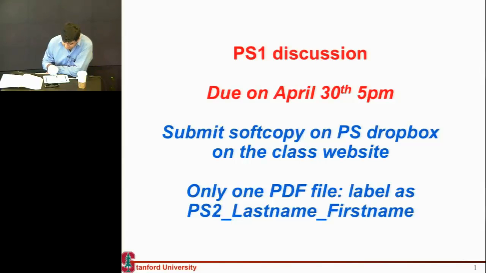The problem set is due on April 30th. The feedback I got from a few of you was that the first problem set was a little long, too much work. Was that the general feedback? So what we've tried to do is decrease the length a little bit in the second problem set.